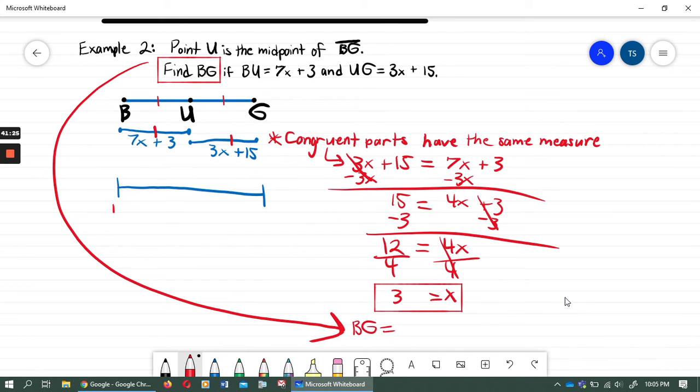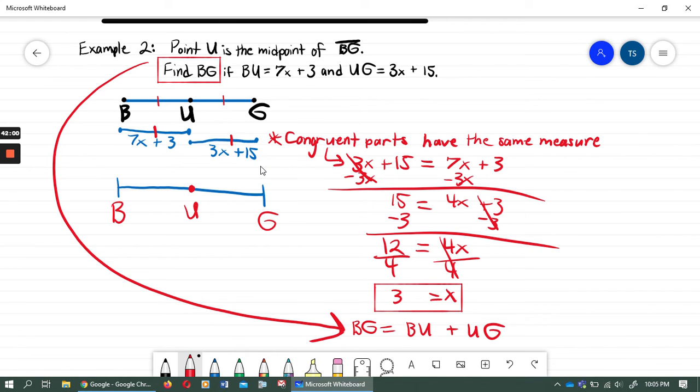The length of segment BG is that whole segment from B to G, and if we use the segment addition postulate there, the length of segment BG has to be those two separate parts added together. It has to be the length of segment BU plus the length of segment UG, right?